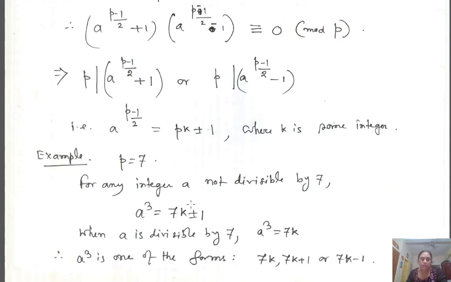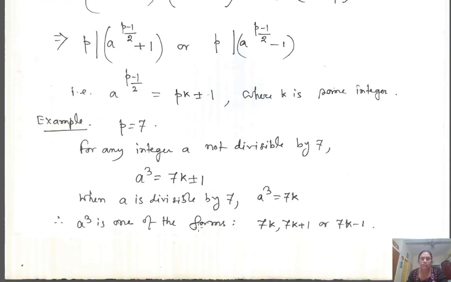Using this we can prove that the cube of any integer is always of the form 7k plus 1 or 7k minus 1. It means if p is 7, then it is of the form 7k plus or minus 1.